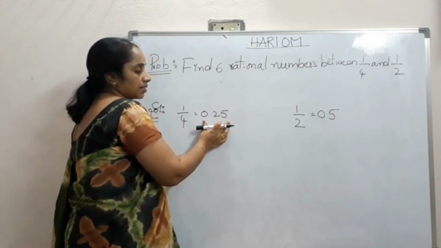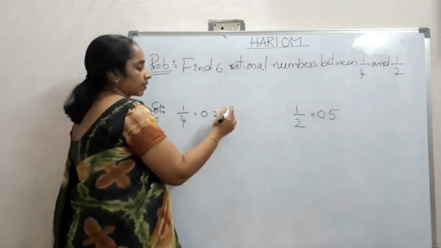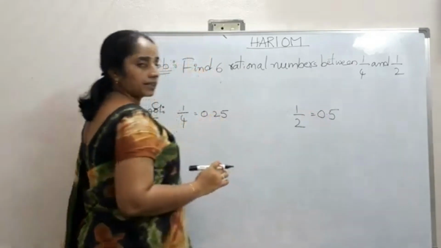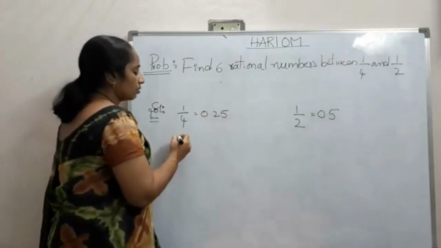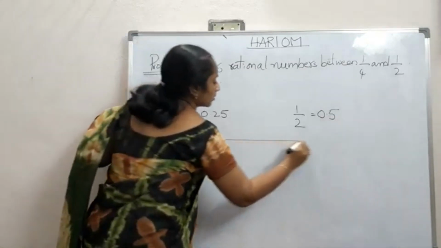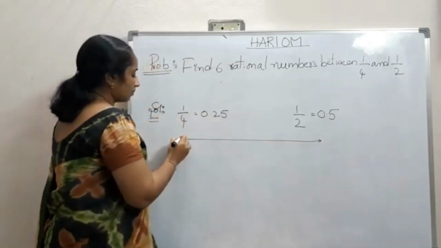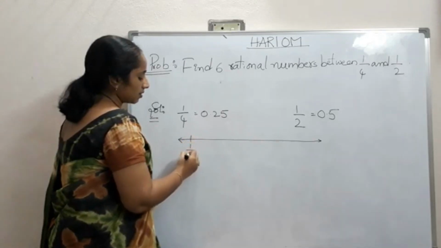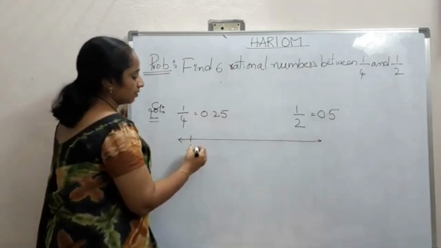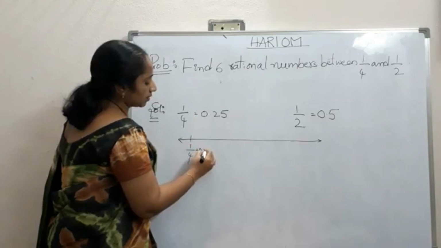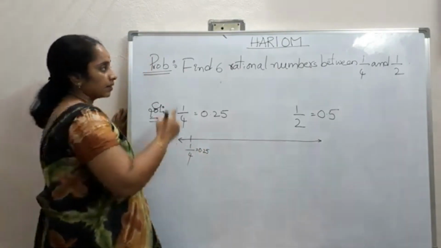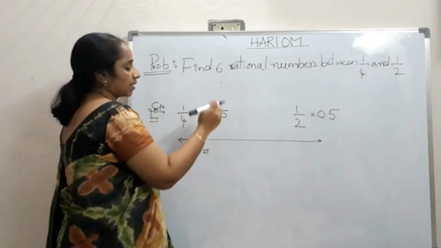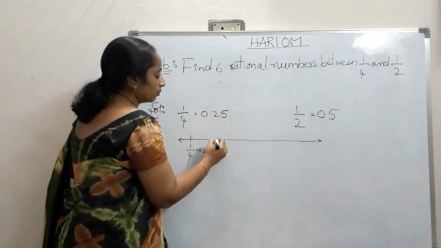Now it is 0.25. We write this 1 by 2 as 0.5. While we are writing on the number line, 1 by 4 is equal to 0.25. So here I asked you to write 6 rational numbers.